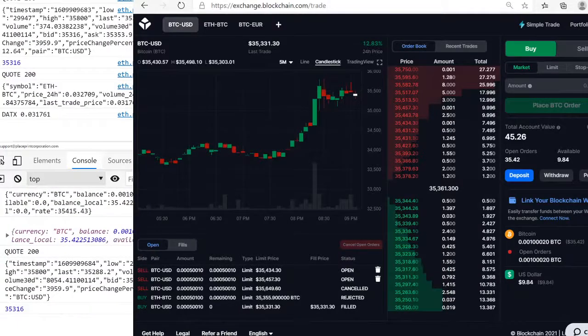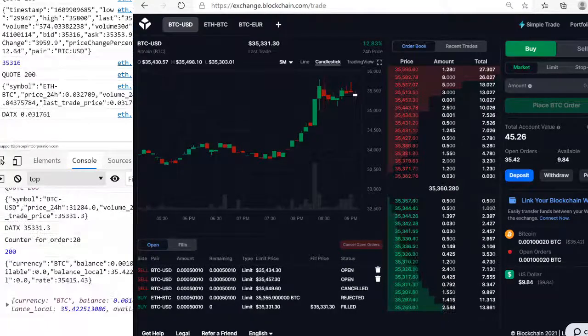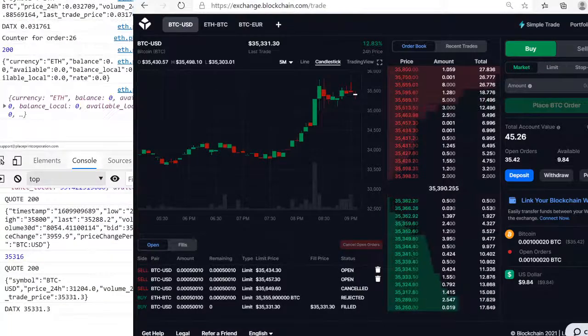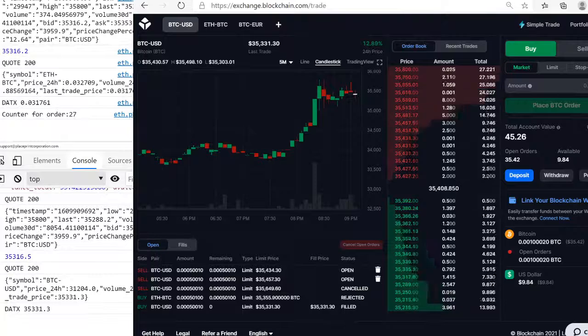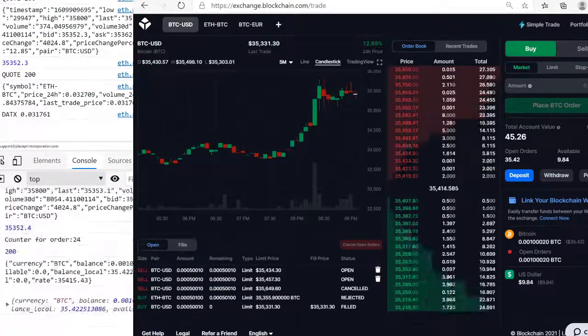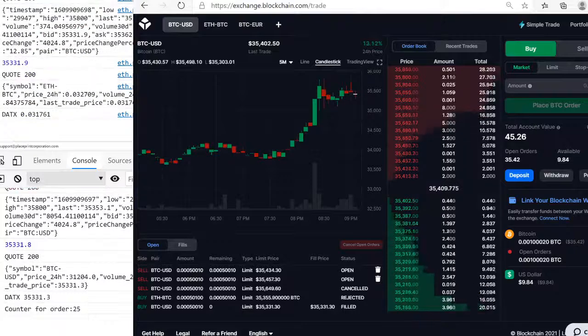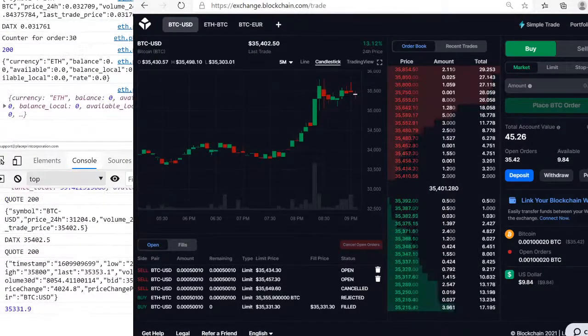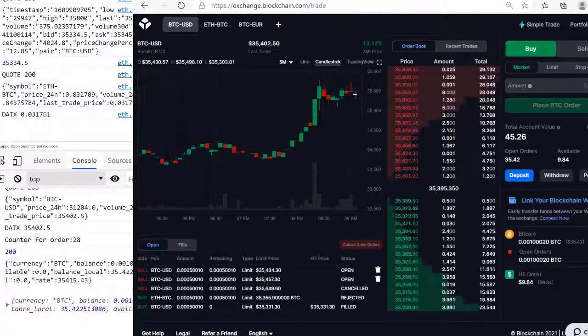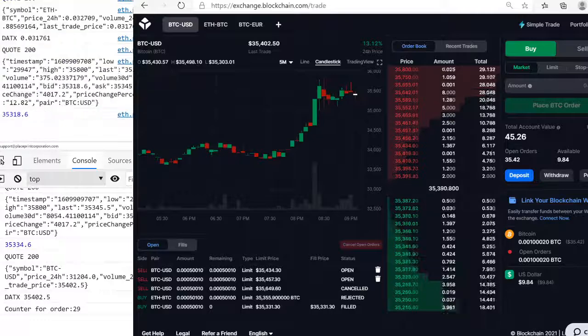But what it means is you have to be using the blockchain.com API. Yes, you do. That's what code I built this for. If you look at blockchain.com exchange, that is the platform, the partner that we're utilizing here.